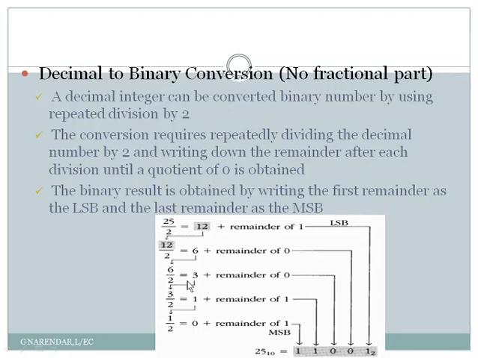Next, take this 3 and divide it by 2, and you get a quotient of 1 and a remainder of 1. 2 ones are 2, and the remainder is 1.